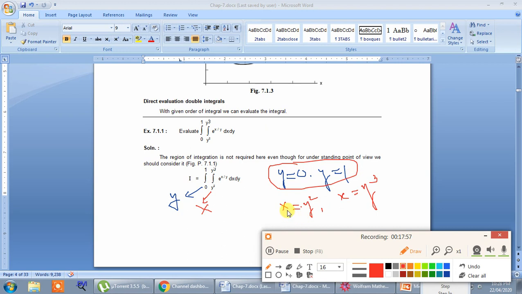Now you need to recognize this curve. This one is a parabola. How is it a parabola? x equal to y square: one variable has power equal to 1 and the other has power equal to 2, and the variables are not in multiplication, so it represents a parabola.